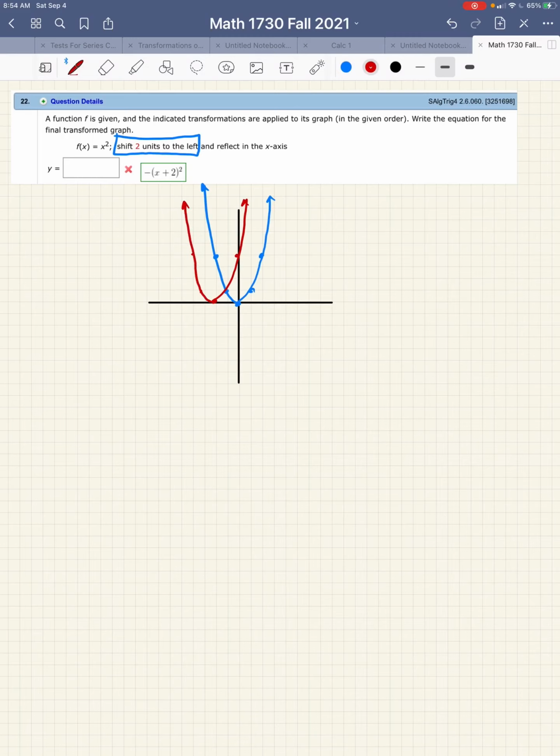Now, our transformations tell us that in order to shift to the left, we would add to x. So whenever we add to x, the graph shifts to the left.